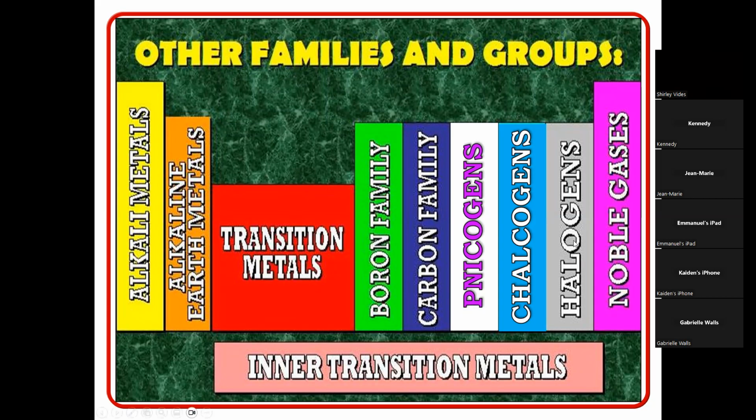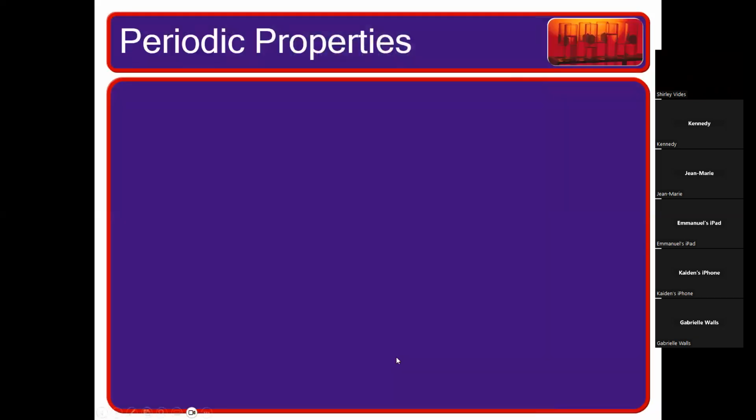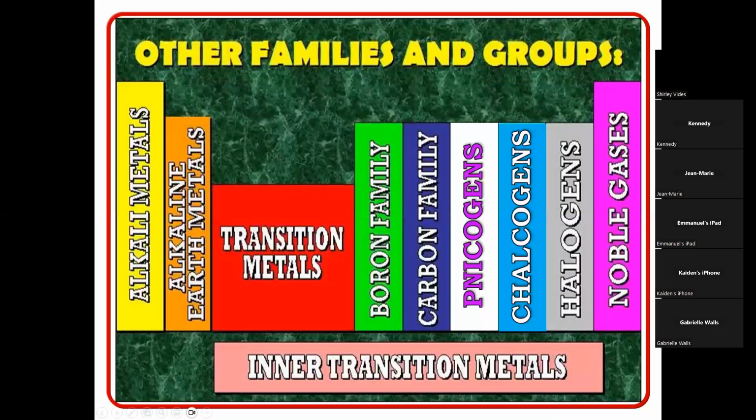And then the really bottom part is what is known as the cutout, because they actually cut it out. We're going to see a periodic table that has it in it, and you'll see what I mean. Once you see that, you'll say, oh, okay, I understand now. And those are the inner transition metals.